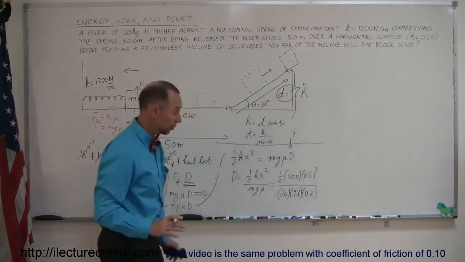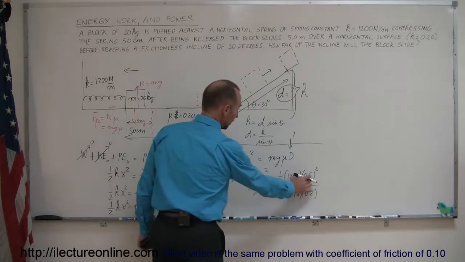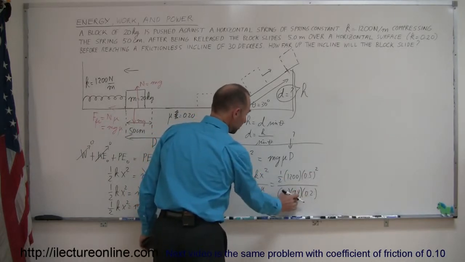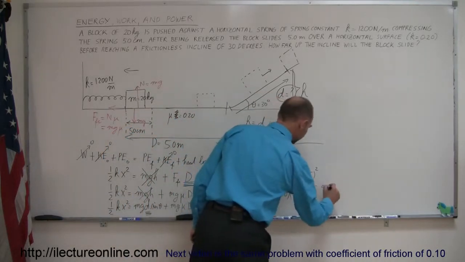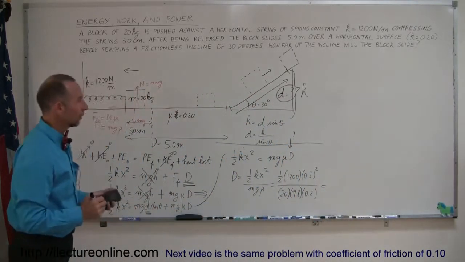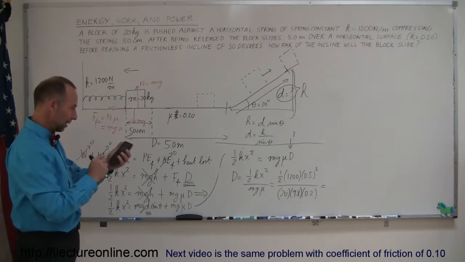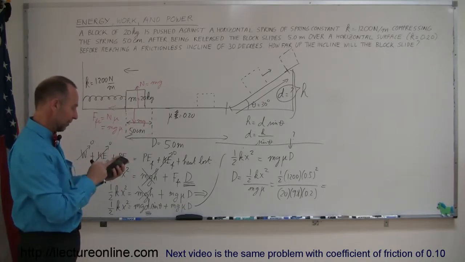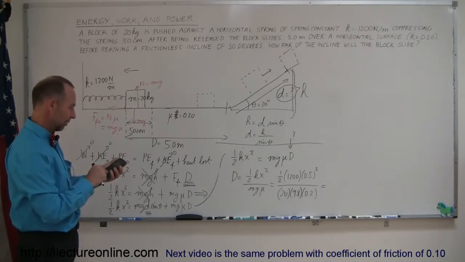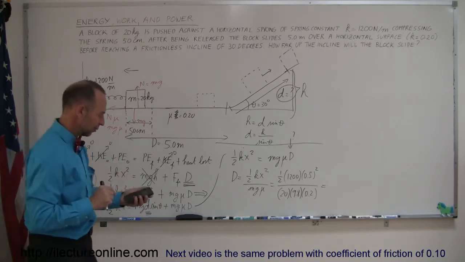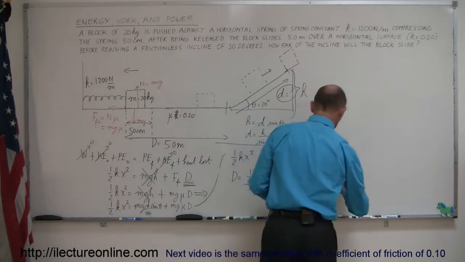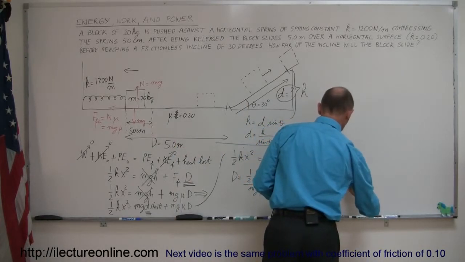Again, if I use standard units, newtons per meter, meters, kilograms, meters per second squared, I will get distance in meters. So now we get, if I remember right, that's 150 divided by 20, divided by 9.8, and divided by 0.2, and I get 3.83 meters, or 3.8 meters.